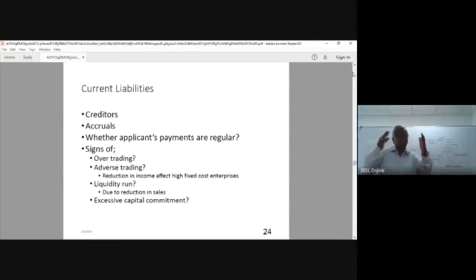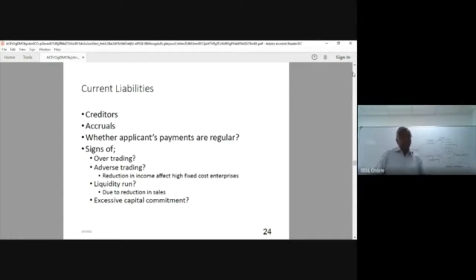So you have to see whether the company shows signs of overtrading.